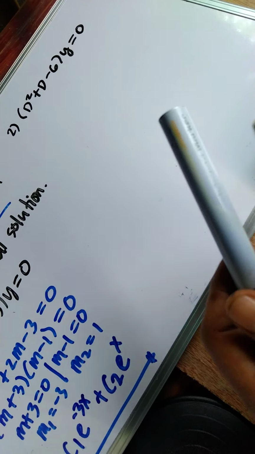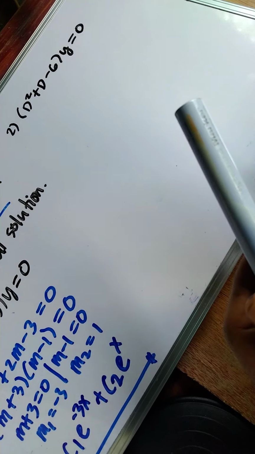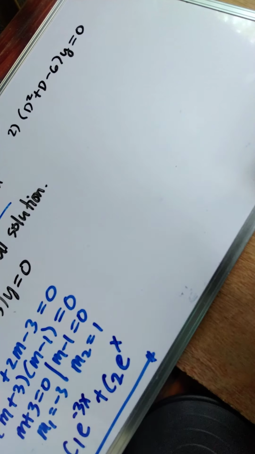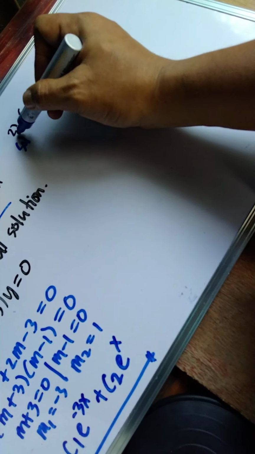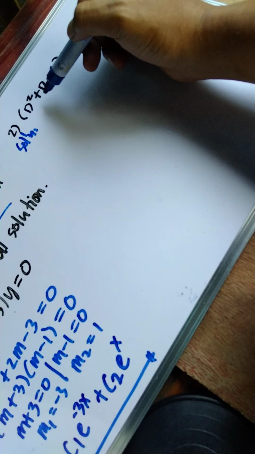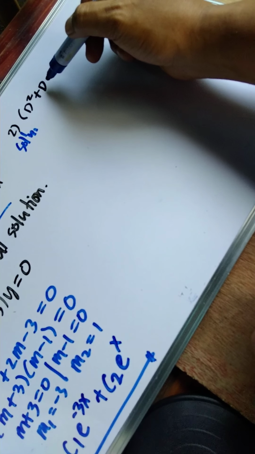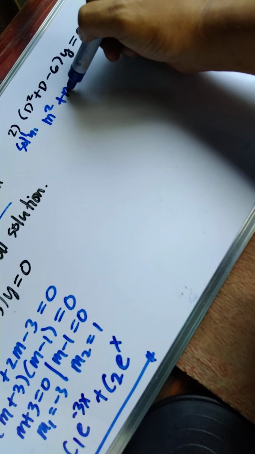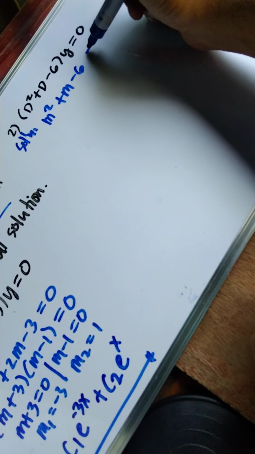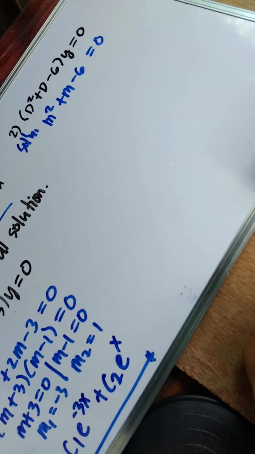Now clearly, if we rewrite the left side as its auxiliary equation, it is easy to factor. First, again, we write this as its auxiliary equation: m squared plus m minus 6 is equal to 0.